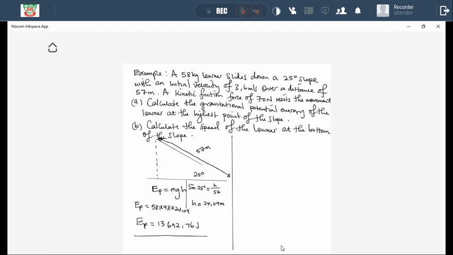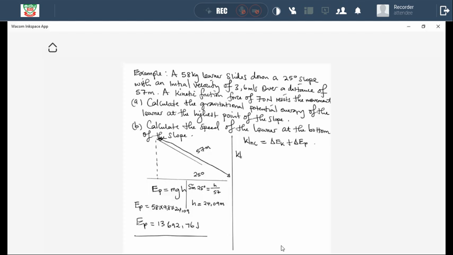So we have decided to use the formula for non-conservative force, and I've noted that in this particular scenario it's only friction, which is a non-conservative force. So I write the formula: work done by non-conservative force is equal to delta EK plus delta EP.